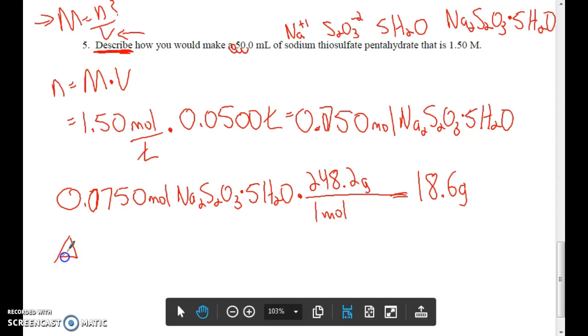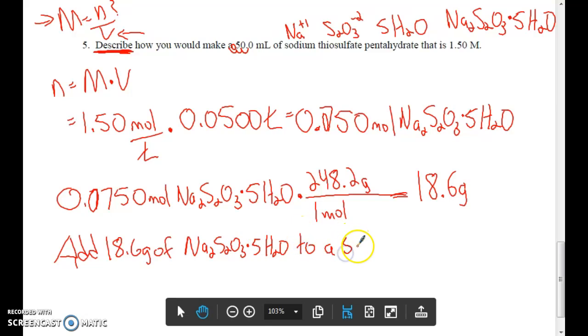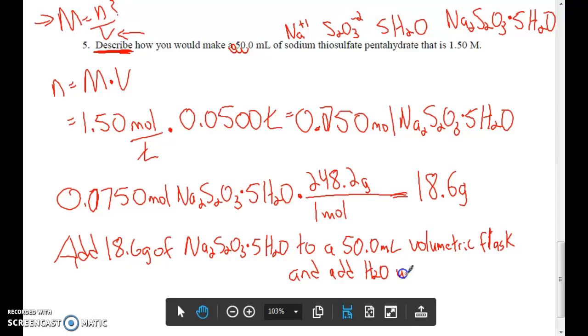What I would do to make this nice and easy is I would say add 18.6 grams of Na2S2O3·5H2O, the sodium thiosulfate pentahydrate, to a 50.0 milliliter volumetric flask, and add water up to the line.